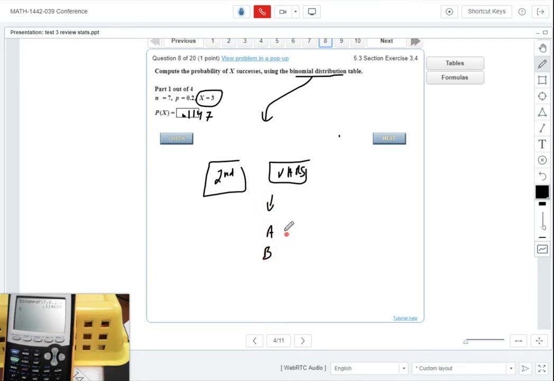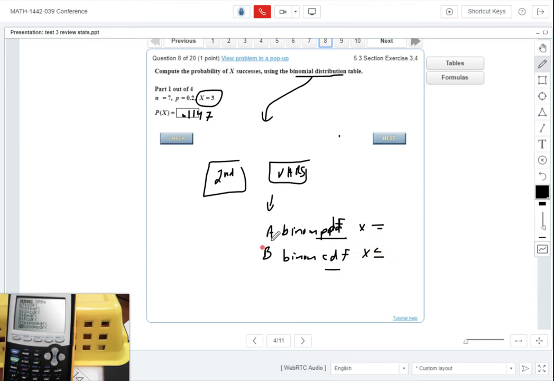Once again, second vars, scroll all the way down. There's an A and there's a B. A is Binomial PDF, if I could spell PDF. And B is Binomial CDF. PDF is anytime x equals something, and CDF is when x is less than or equal to something.